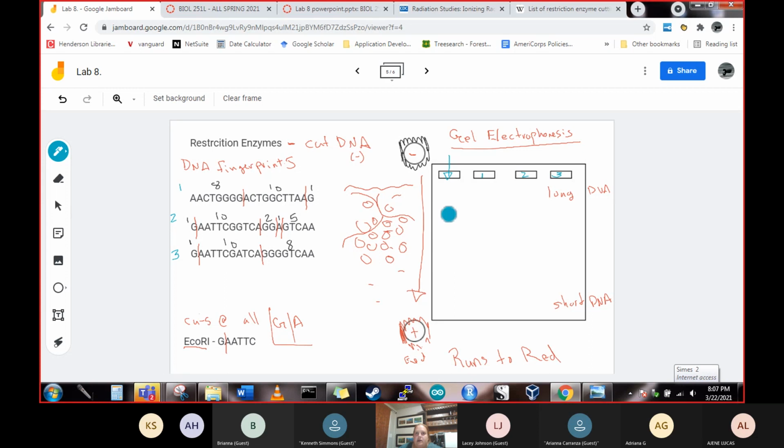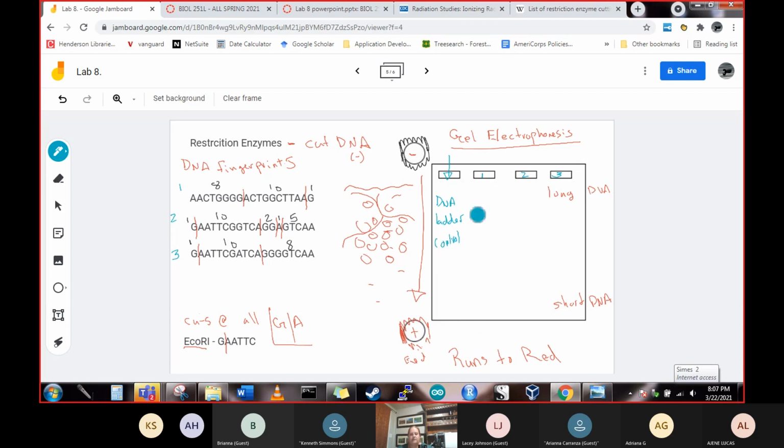It's a ladder, a DNA ladder. And it basically is a standard that you can compare your lines to. So it's kind of your control.